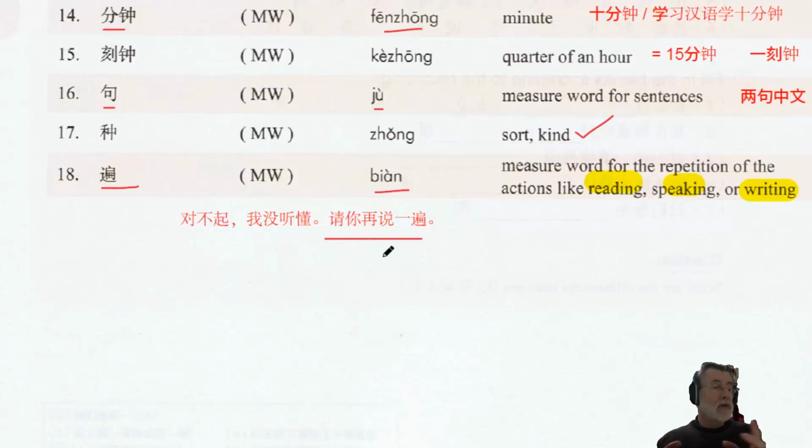That's the difference. So we've learned another word, 次, which means time. So 一次, 两次, 三次, 1 time, 2 times, 3 times. But the word 遍 emphasizes from beginning to end, which is why it's so relevant to reading, speaking, or writing.